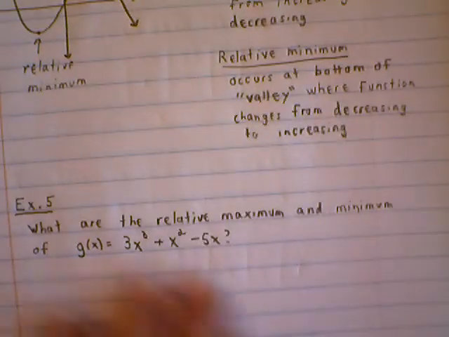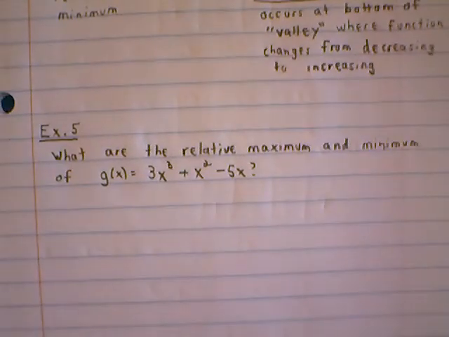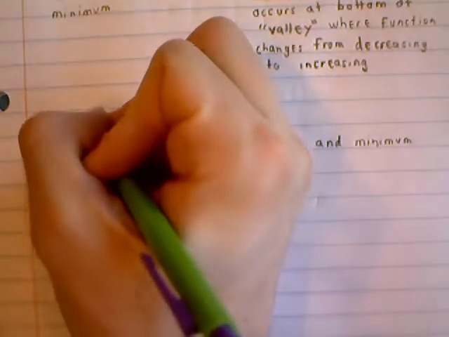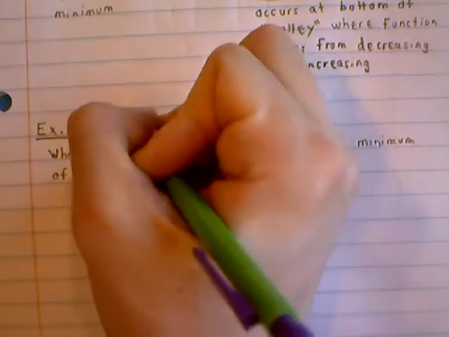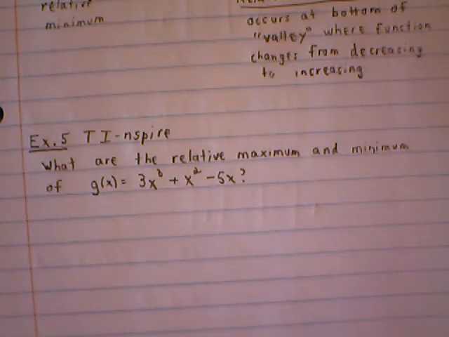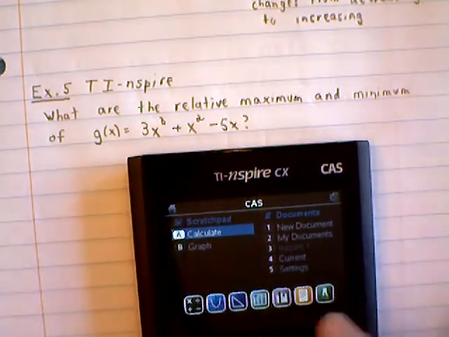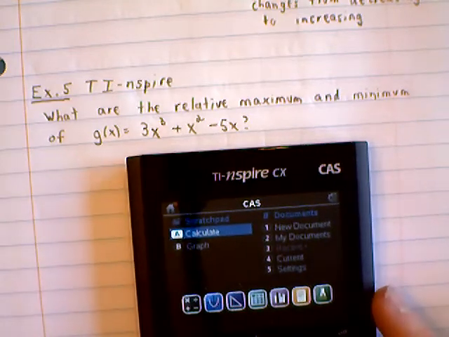So, what are the relative maximum and minimum of g of x equals 3x cubed plus x squared minus 5x? All right, we're going to use the TI Inspire for this problem. So for the TI Inspire, we're going to graph it to see if we can find the hills and valleys, the relative maximum and minimum, from the graph.